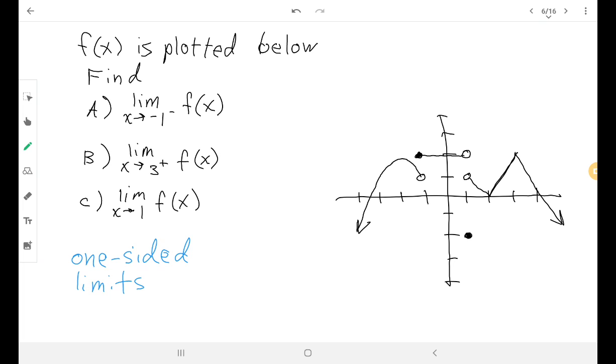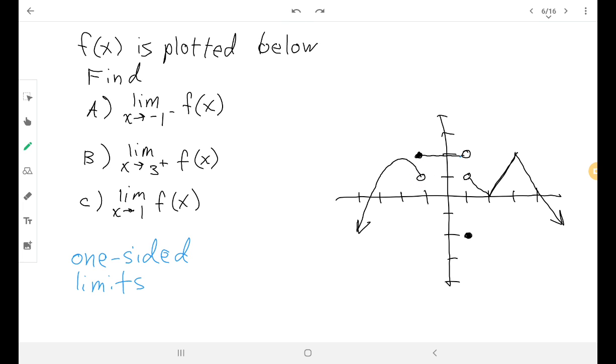So let's work on this first one. The limit as x approaches -1 from the left. So look at the -1 value. Look at what happens. From the left, that is, if we start and approach like that, we're going towards, remember, never getting there, just going towards this one, right?